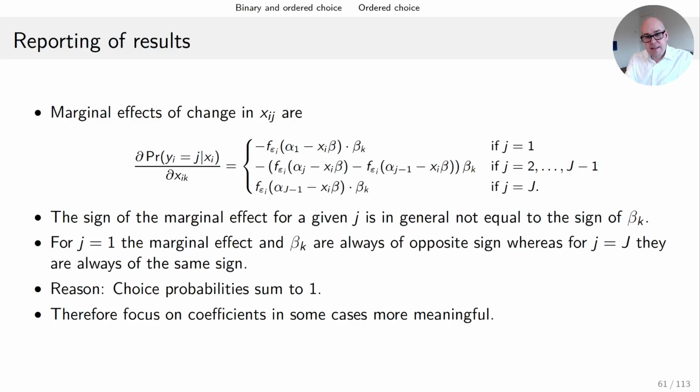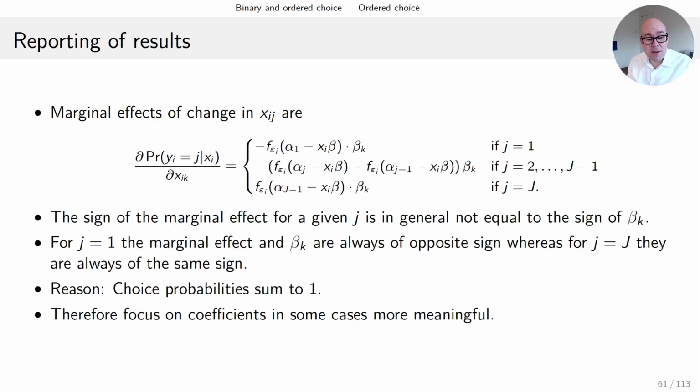What you see here is that for the first outcome, you get an expression that looks a little bit like for the binary choice model, and for the last outcome, you do get an expression that looks pretty much like what we had for the binary choice model. So here we have density evaluated at, well, now a quantity that's a bit different, but then again a density times beta k. So what we had before, namely that the sign of the marginal effect is equal to the sign of the coefficient, still holds in this model, but only for the higher of the two outcomes.